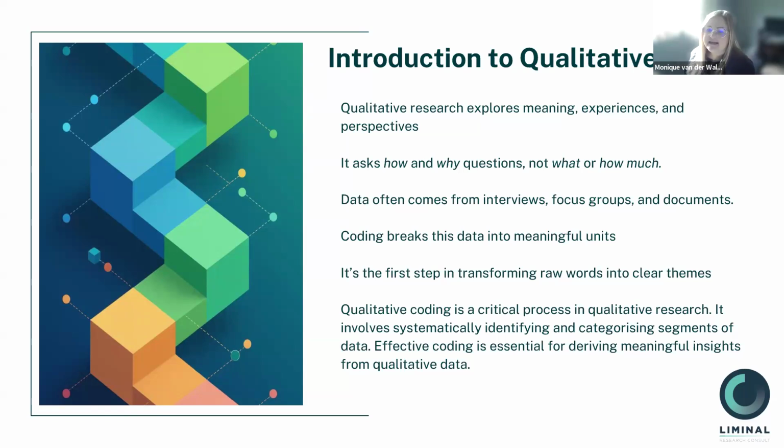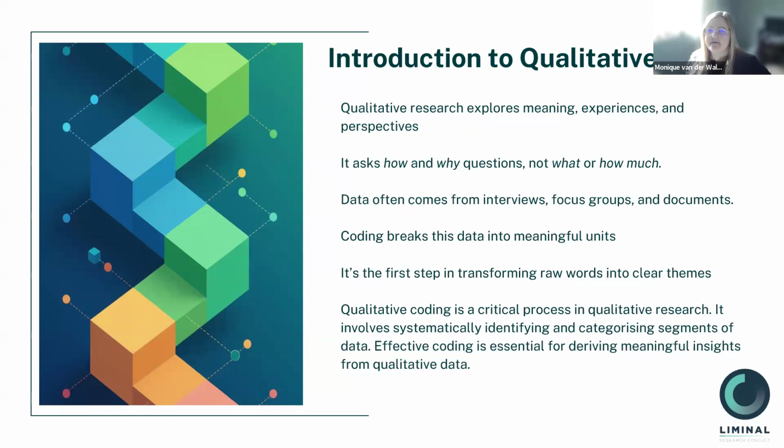Qualitative coding typically looks at the process whereby we break down the analysis into smaller data, what are known as meaningful units. It's the process to organize and extract certain patterns in order to eventually answer our research question.